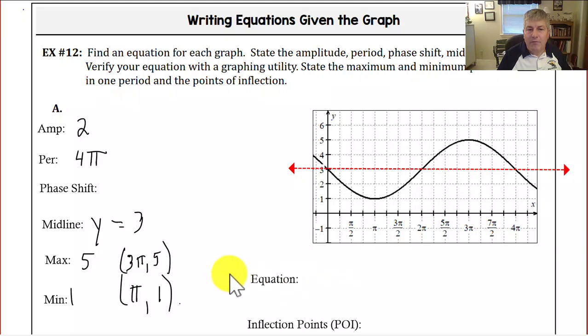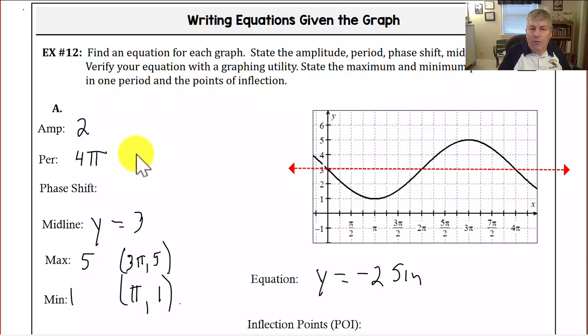So we have some of our equation already. We have an amplitude of 2, but we're going down. So I'm going to say our function is going to be y equals -2 sine. And now we've got to take care of our x and figure out our b value.